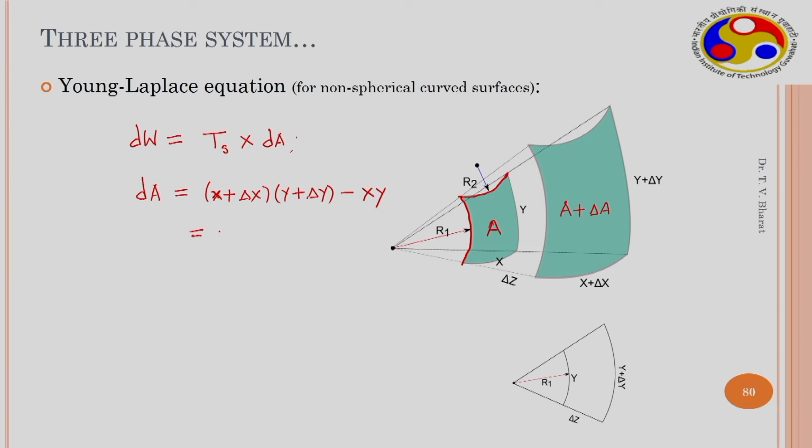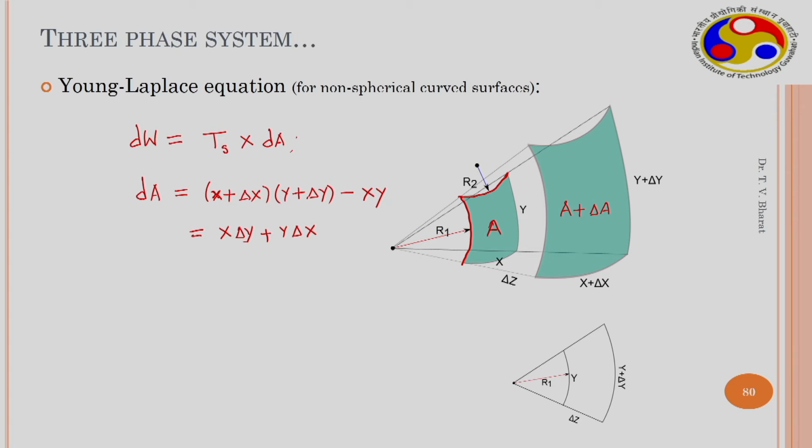So this is nothing but x delta y plus y delta x, plus xy minus xy which gets cancelled, and you will get plus delta x delta y, which is too small, a second order term you can ignore. Because there is an infinitesimal area that is increasing due to the small work that is done, this is the change in area.